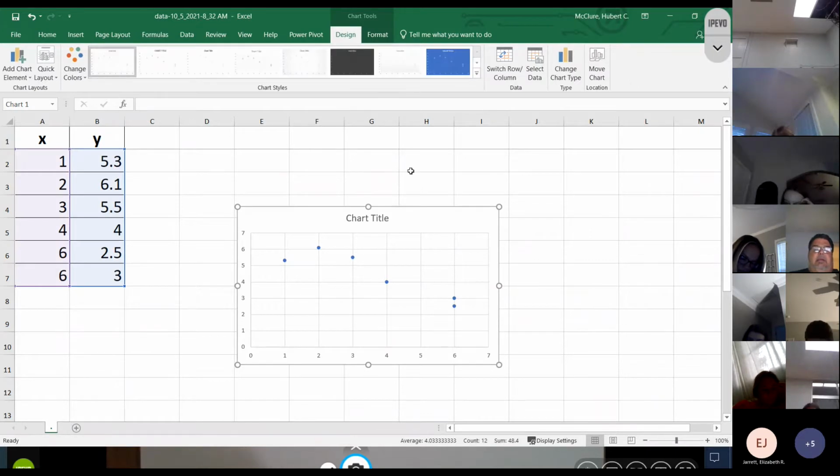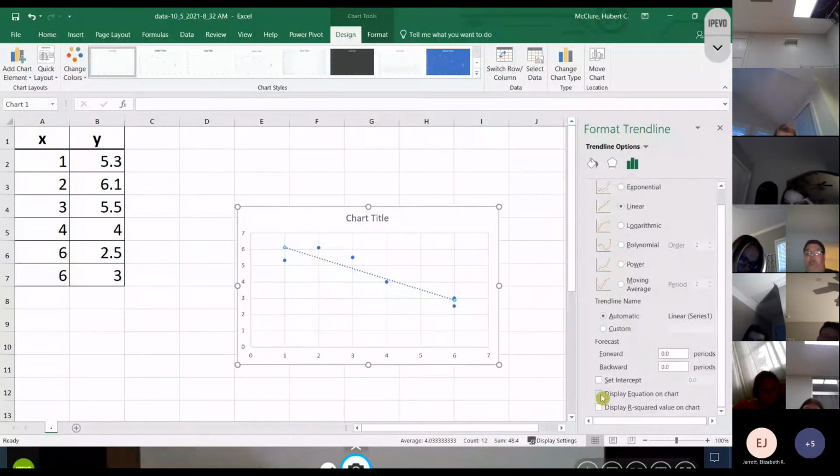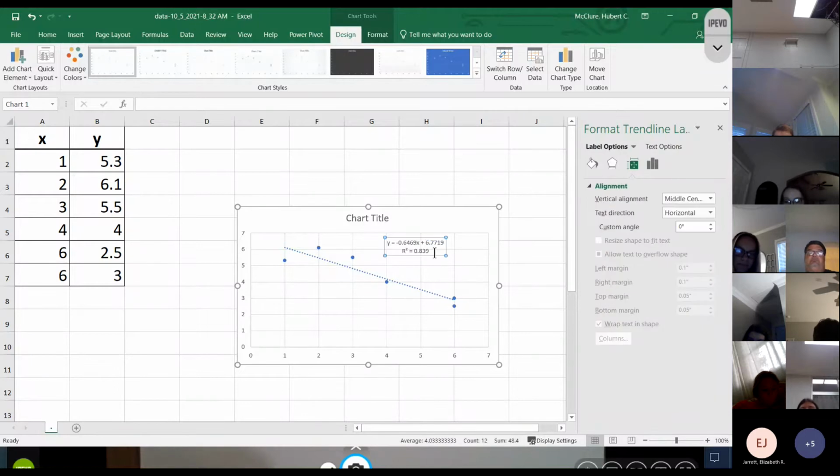All right, right click, add trend line, and there is your R squared. That's all I'm going to ask for. Now somebody take the square root of that, please.